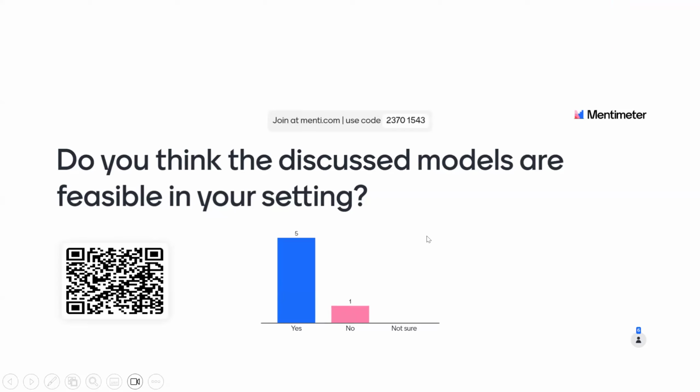Because I understand that there would be many challenges for starting an early detection program in LMIC settings. You're a very quiet audience. Okay, moving to the next slide.